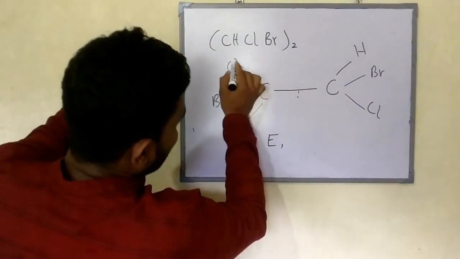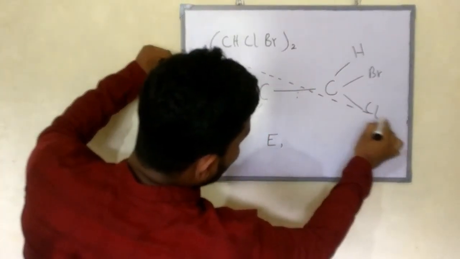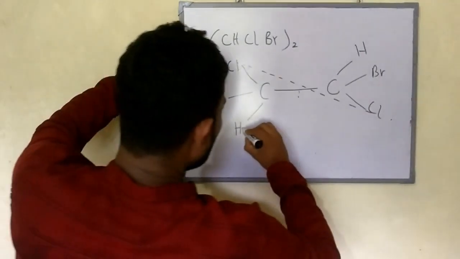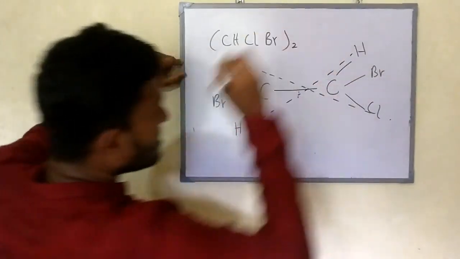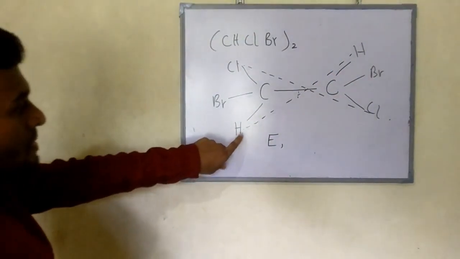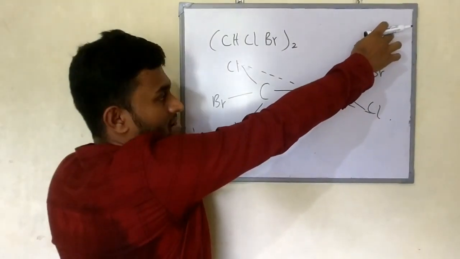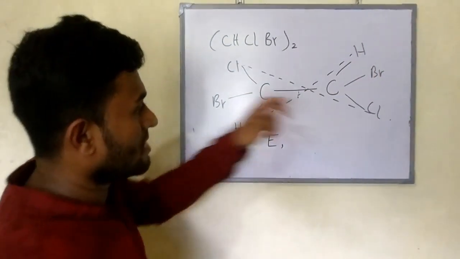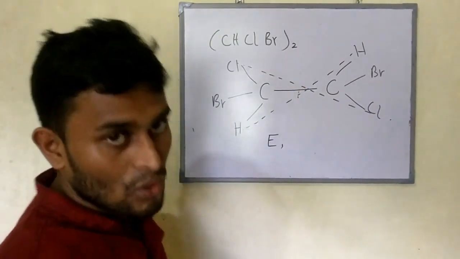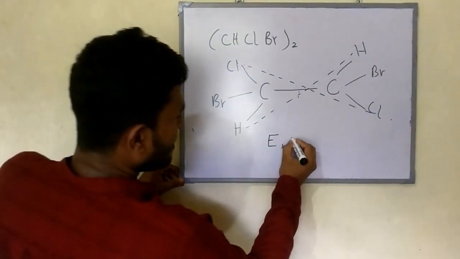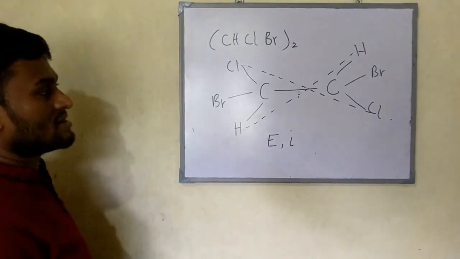This is the center and you can draw the straight line. Here also you can draw the straight line. So on this side hydrogen is there, and at the same distance there is another hydrogen. Like that there is another chlorine. So you can take a center of inversion.